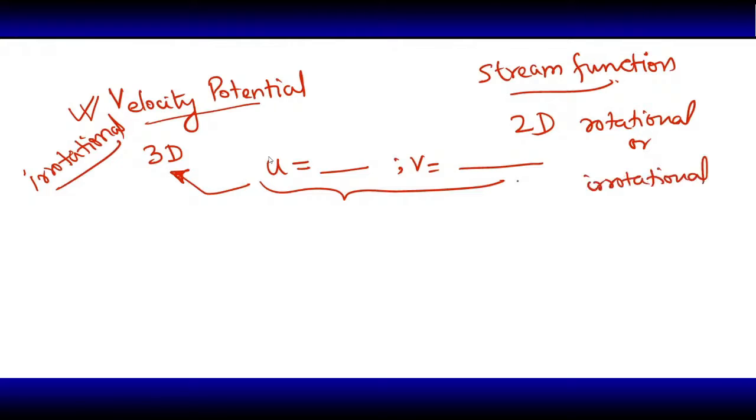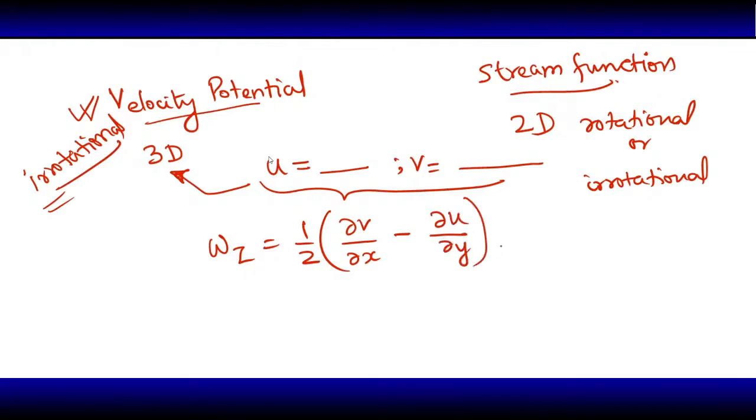So how to find irrotational? That means this is a function: dou v by dou x minus dou u by dou y. If it is equal to 0, that means if the angular velocity becomes 0, then only we can say that this particular u and v will satisfy the velocity potential or not.